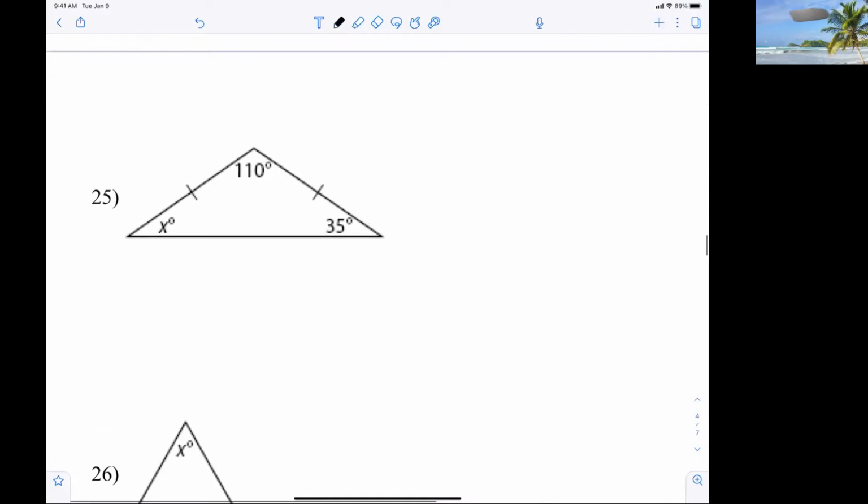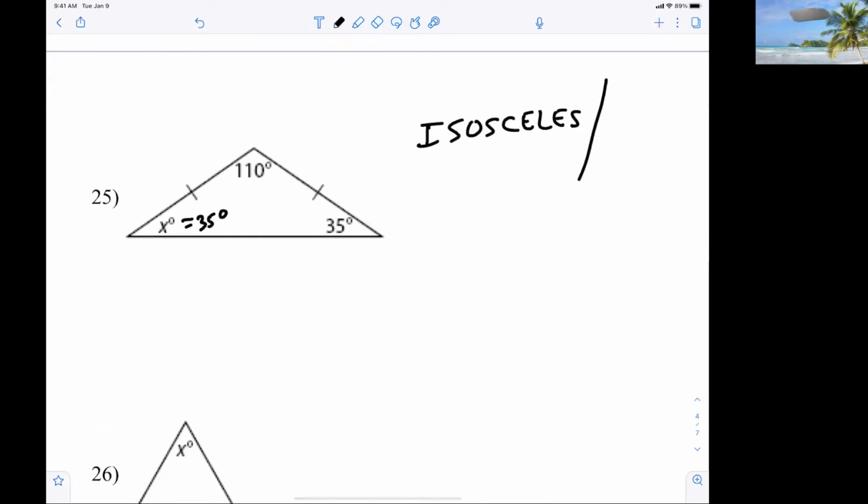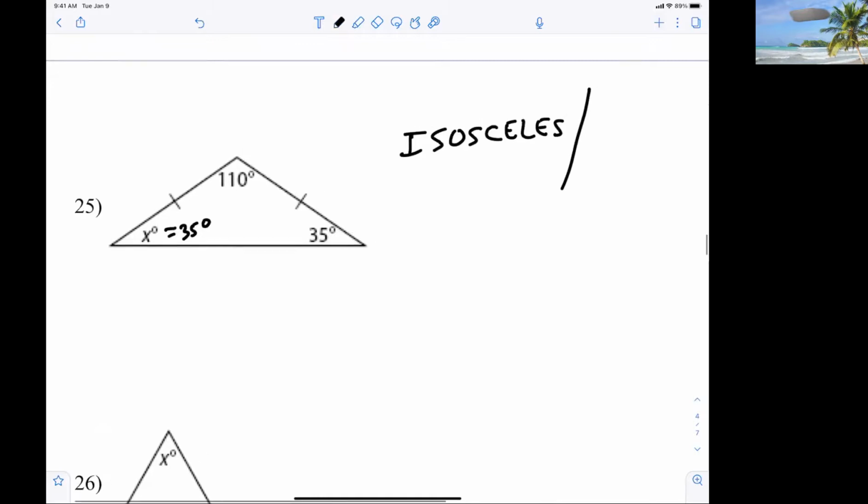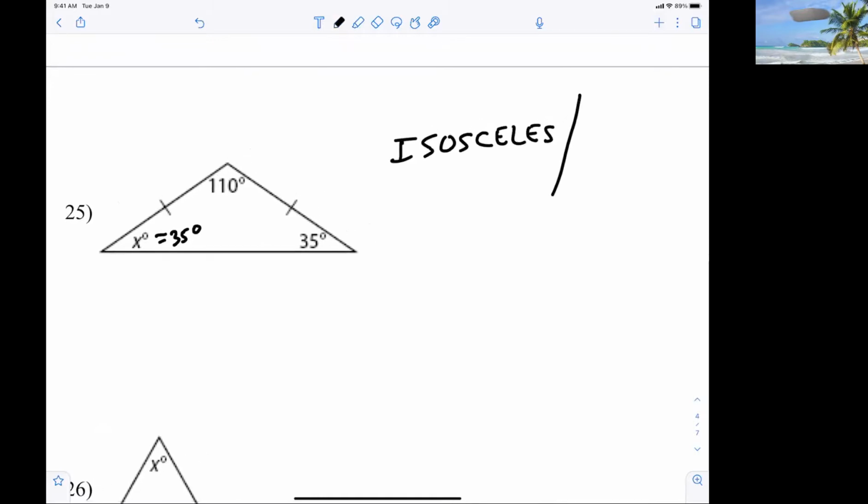Number 25, Cole. So x equals 35. You are amazing. 35 degrees. And then what's isosceles? I was kind of confused. Isosceles what? Oh, no. Angles. Isosceles is the sides. Oh, yes, it's the angle. Yep.